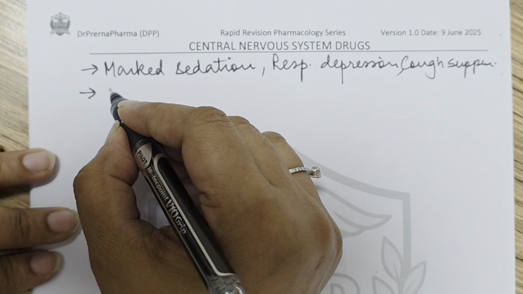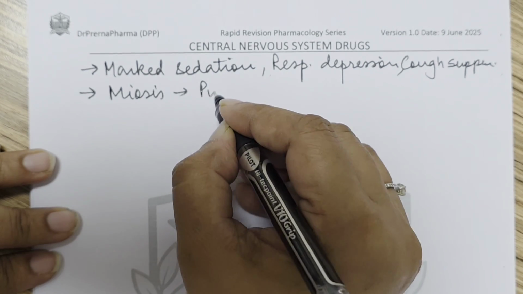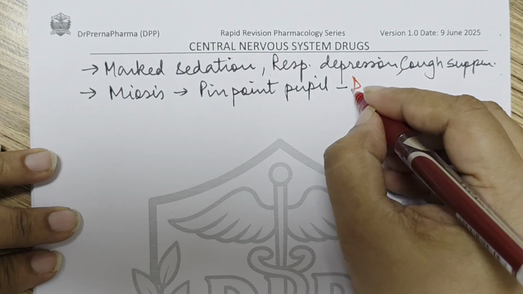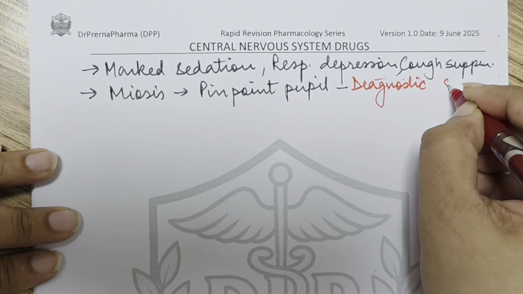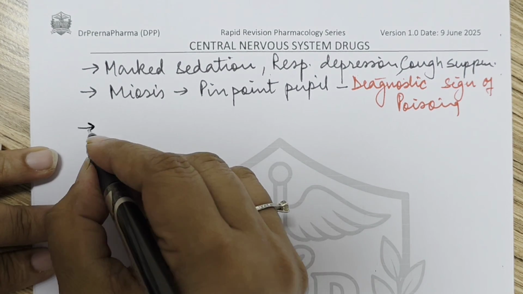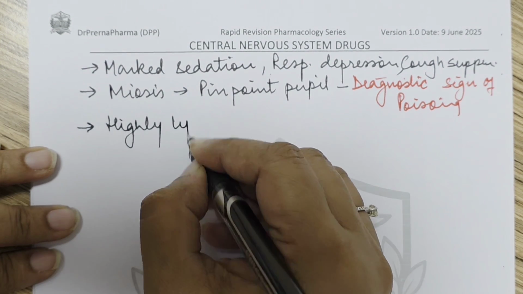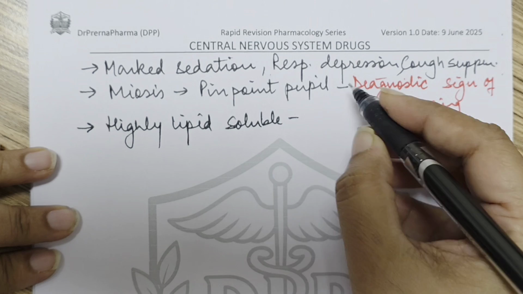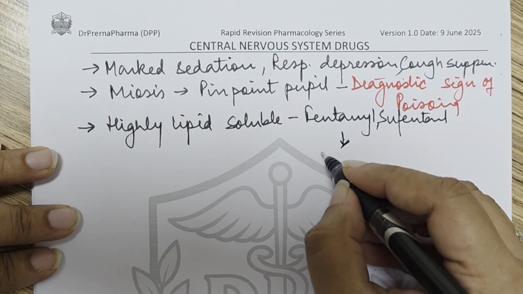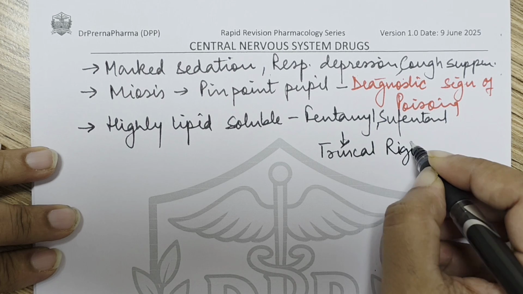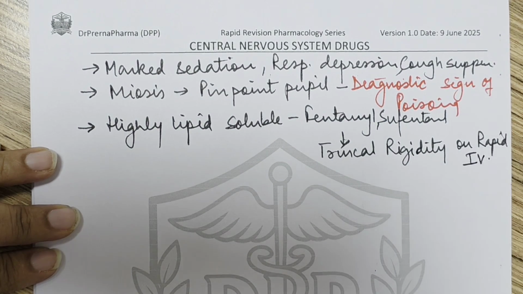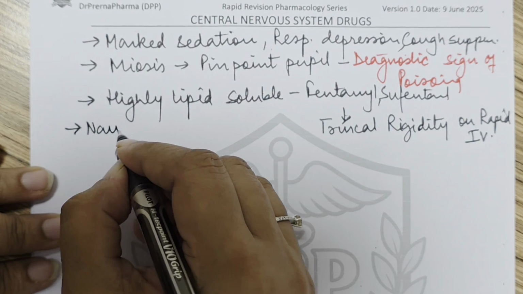Then miosis occurs, and the pupils that we get are pinpoint pupils. It is a diagnostic sign of poisoning. Then highly lipid soluble opioids like fentanyl, sufentanil can also result in truncal rigidity on rapid IV infusion. Then they also cause nausea and vomiting.